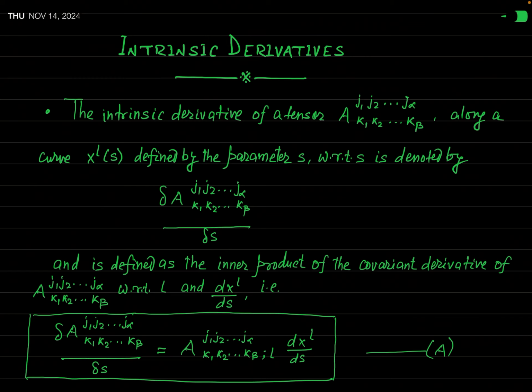in this lecture. And for this, let us consider that this A with superscripts J1, J2, so on J alpha and subscripts K1, K2, so on K beta, is a mixed tensor of type alpha beta and rank alpha plus beta.